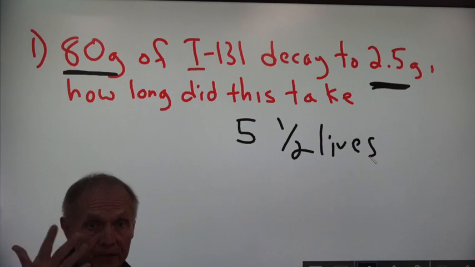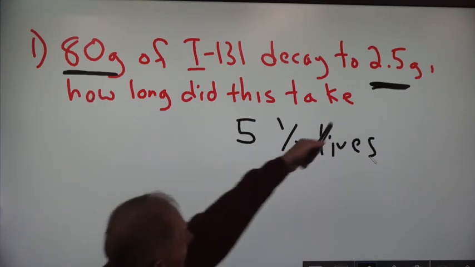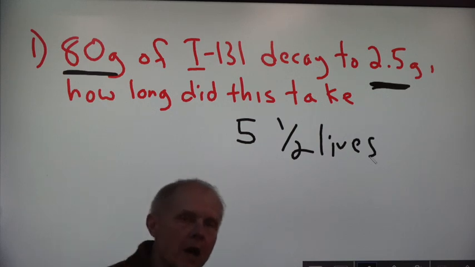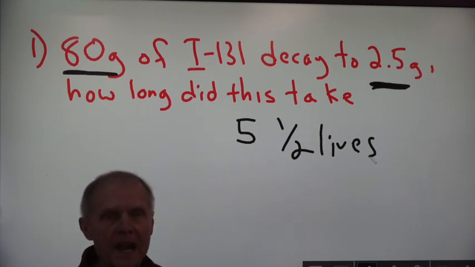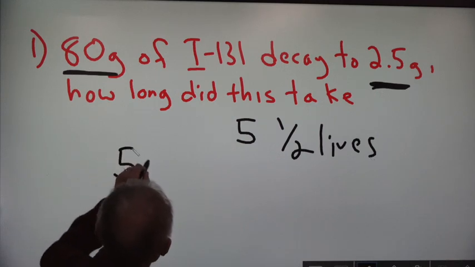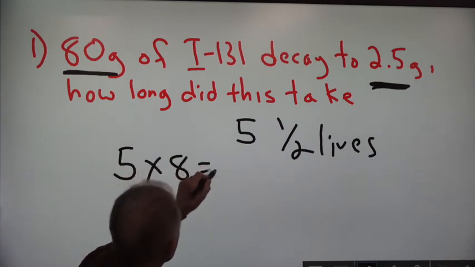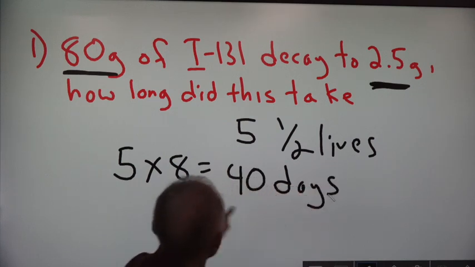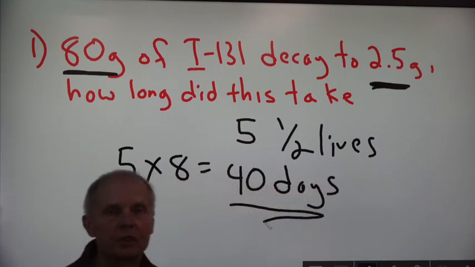And you can do this on your fingers, like I said, if they give you grams and end up with grams. Now, all we need to do is we need to know how much one half-life is. One half-life is 8 days. So 5 times 8 equals 40, and there's your answer.